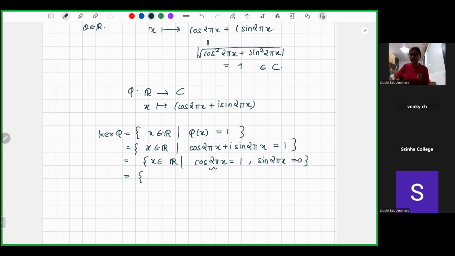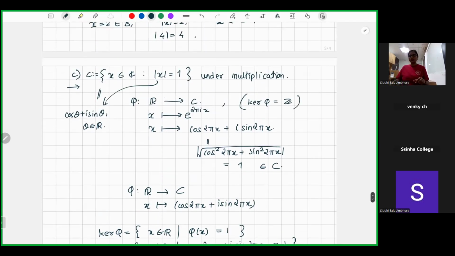But here for cos, we need to take care that it's 1 for even multiples of pi and -1 for odd multiples of pi. But anyway, we have 2 here. So that's why x is in R such that x belongs to Z. So this becomes my Z.